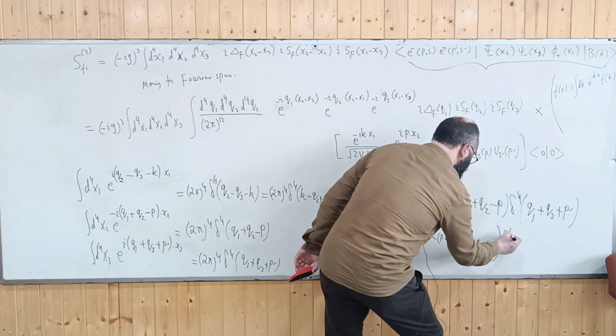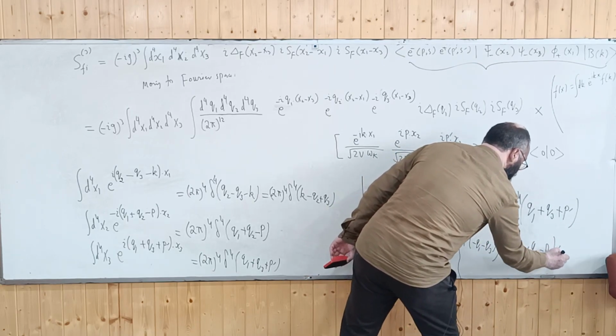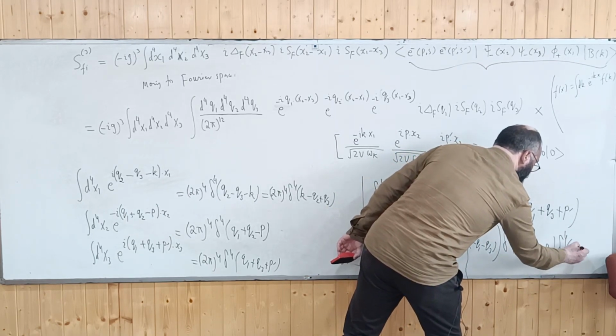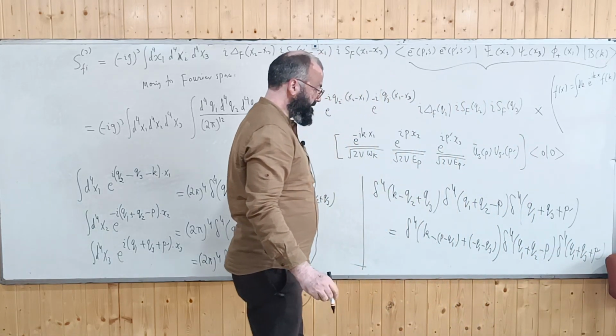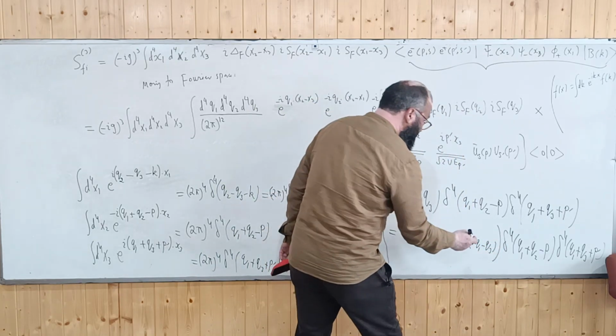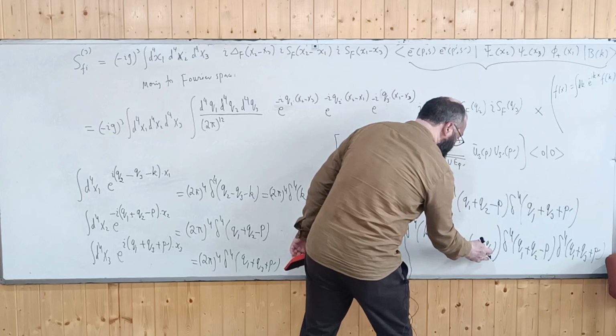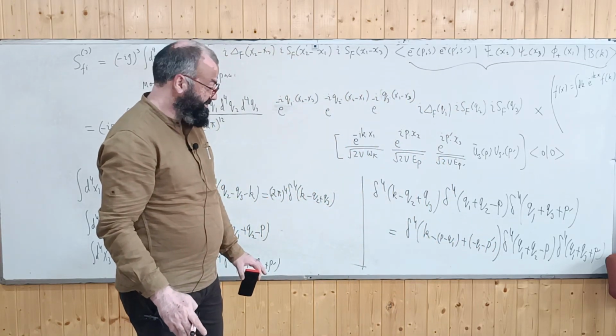So keep the other delta functions as such. Q1 plus q2 minus p, delta 4 of q1 plus q3 plus p prime. Okay? Yes, it is p prime. Q3, q1 minus p. Okay, good. Great.